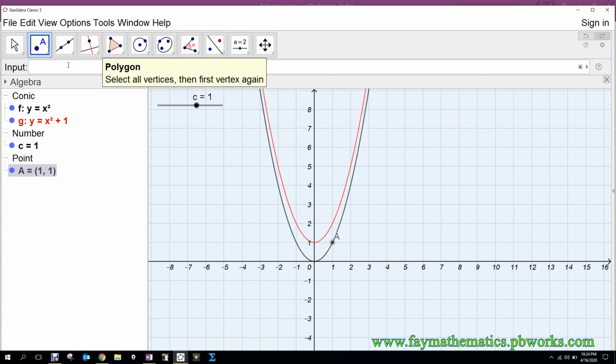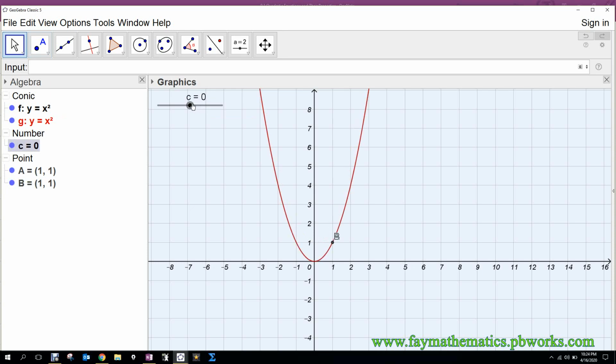Now I'm going to type in 1 comma g of 1, which puts that point there. You can see that that point, because of this plus 1, just got moved up 1 unit. Let me show you.